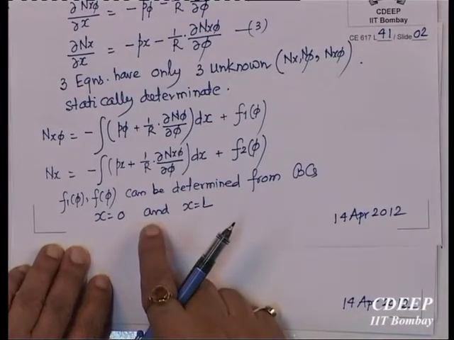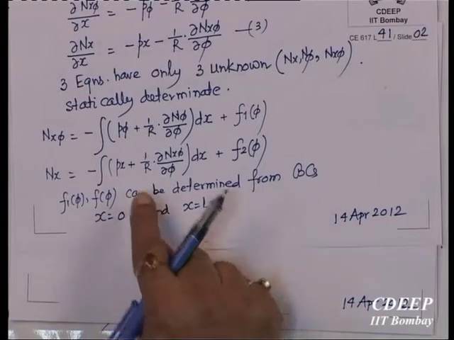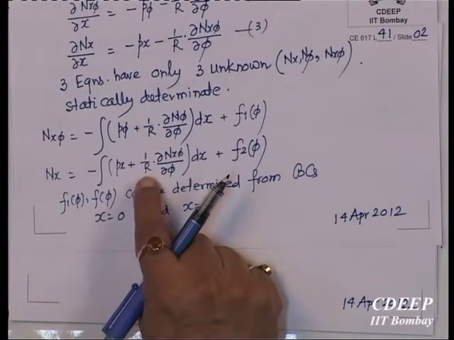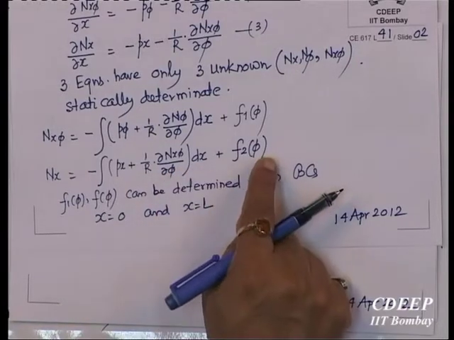What about n x? P x is 0, so the 1 by r term is okay.